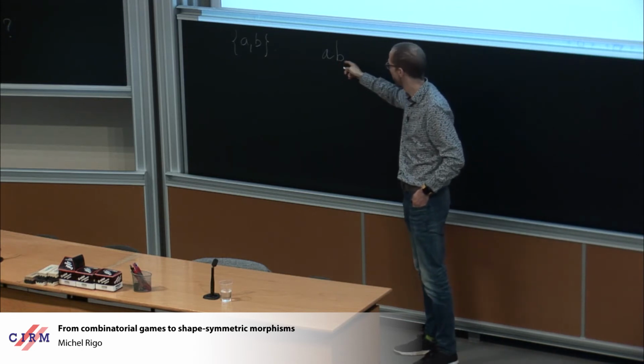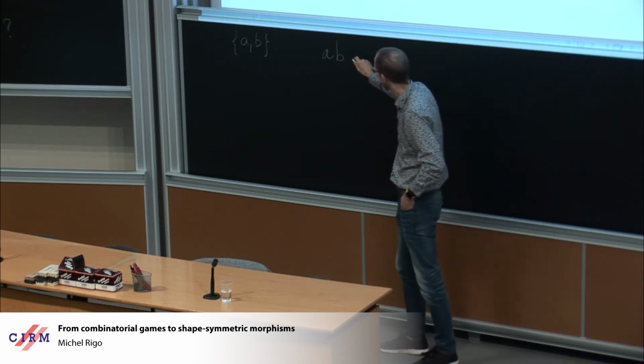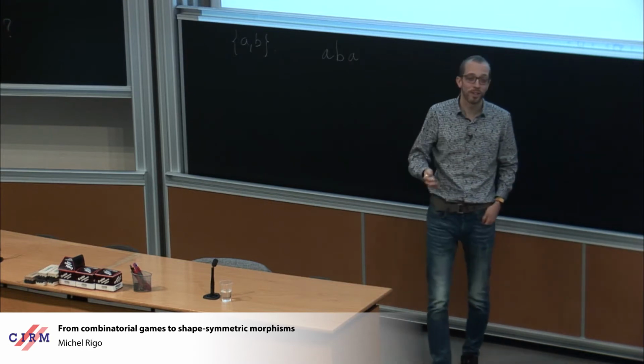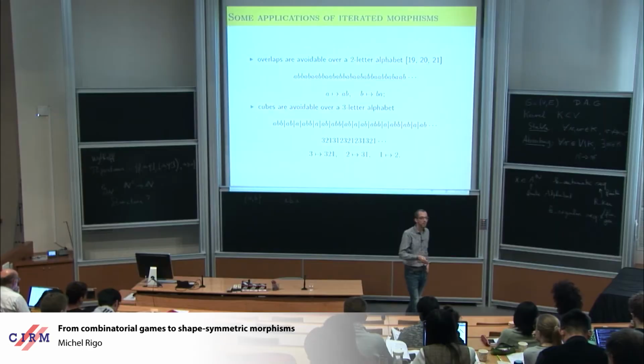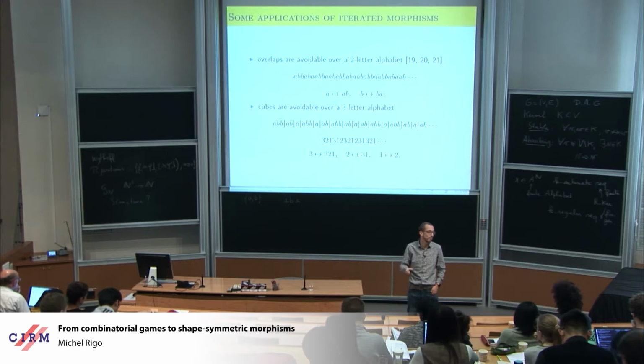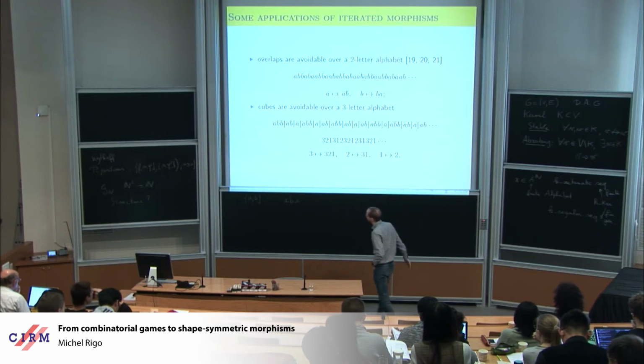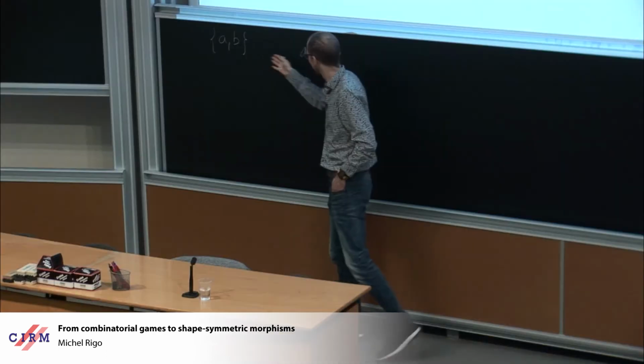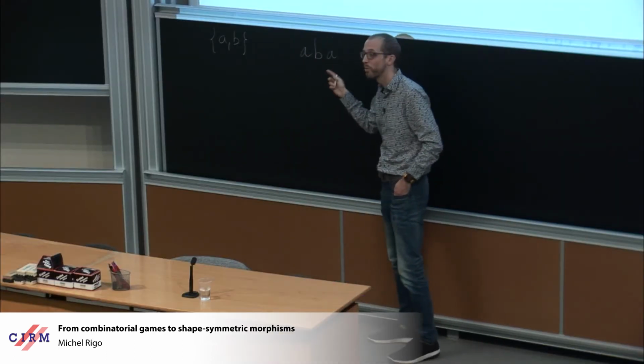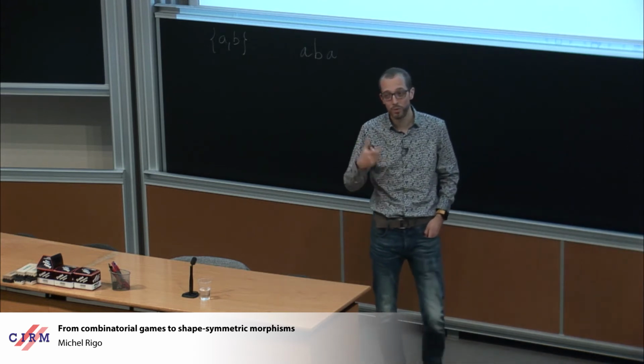No, because then I will have BB, which is a square. So I have to write an A. And we are done. Because now, either you write an A, and so the word will contain AA, which is a square, or you write a B, and the whole word is a square, ABAB. So, very nice theorem. Over a 2-letter alphabet, this is the longest possible word that does not contain a square.